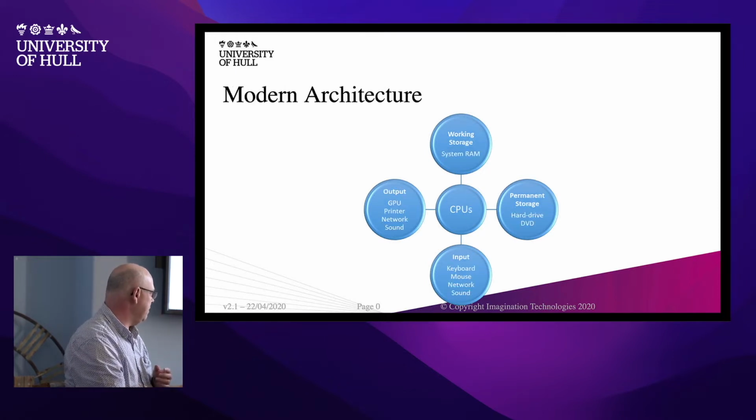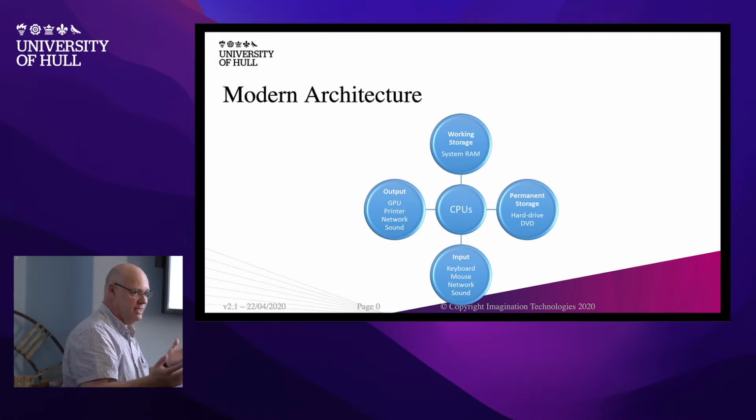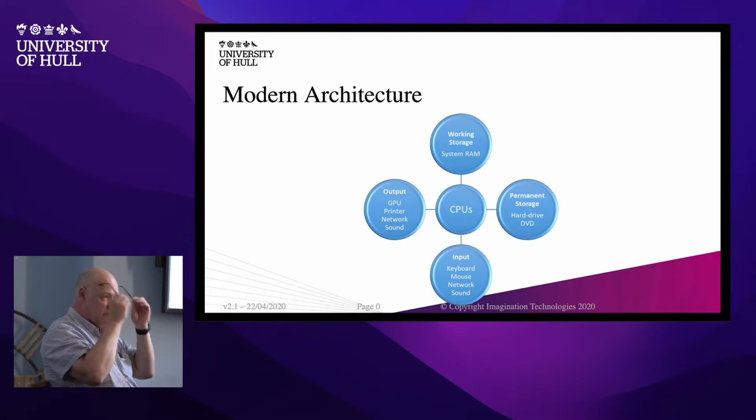If you move it on to today's machines, we have CPUs, but we still have working storage, a lot more and a lot faster. We have permanent storage. We don't use tape anymore; in fact, I'd probably update this with SSDs and so on. Inputs, well, we've got a whole range of different inputs.